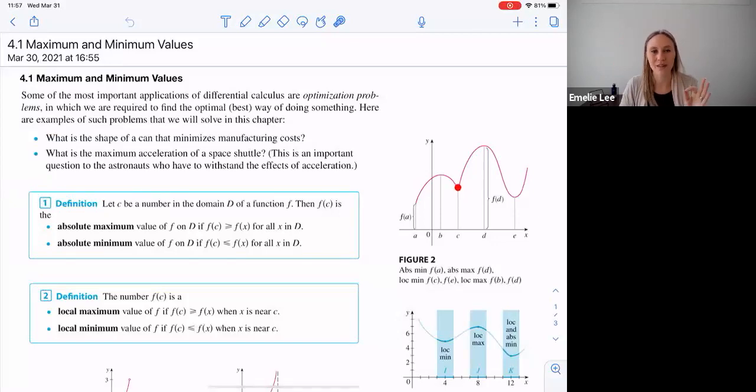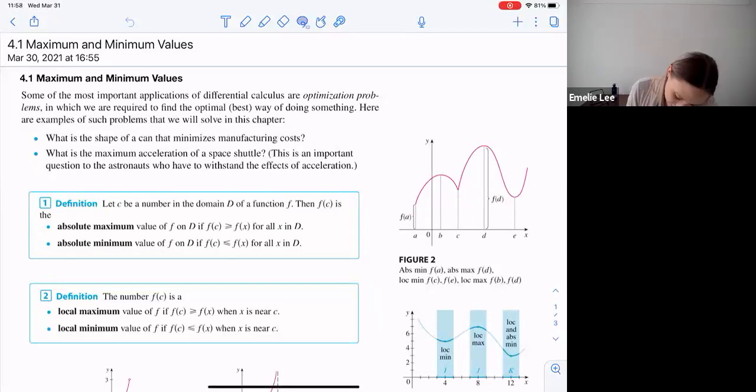On this little interval, this is a minimum, this is a minimum, and this endpoint is a minimum as well. We need to figure out which of these is the absolute minimum. Looks like probably f of a, because it's just slightly below all those other minimums. These other ones are also minimums. They're called local minimums.